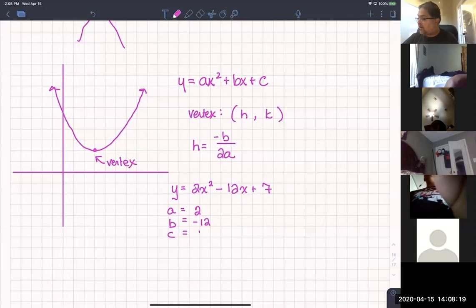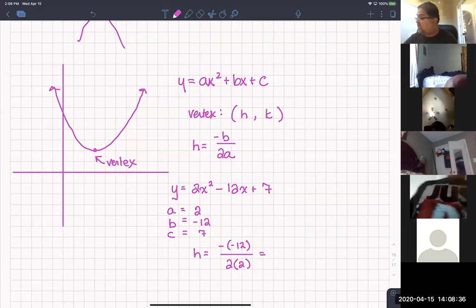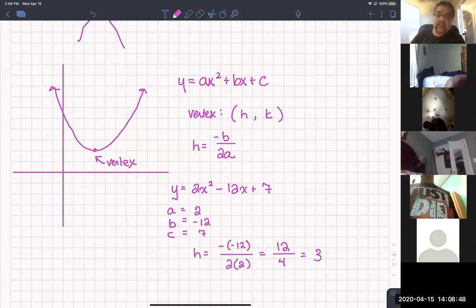By doing this, I don't have to worry about the equation anymore. So to find the x coordinate h, it's negative b, so the negative of negative 12, over 2 times a, which is 2. The negative of negative 12 becomes positive 12, over 2 times 2, which is 4, which reduces to 3. So the x coordinate of the vertex is 3.